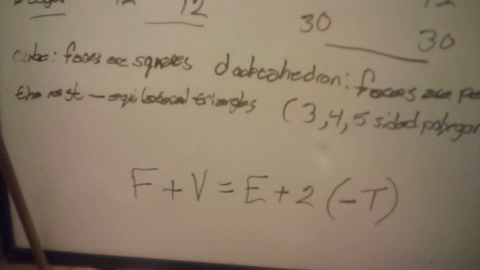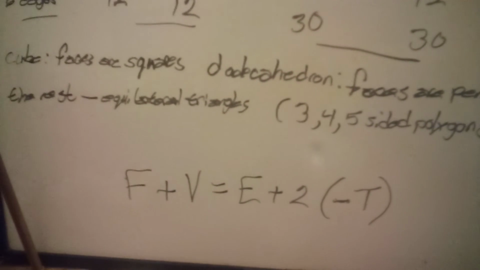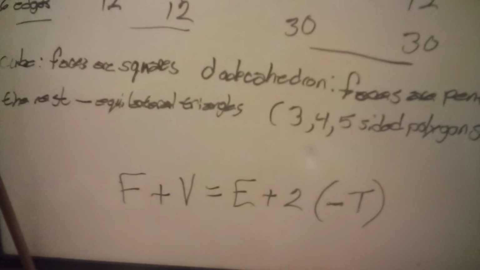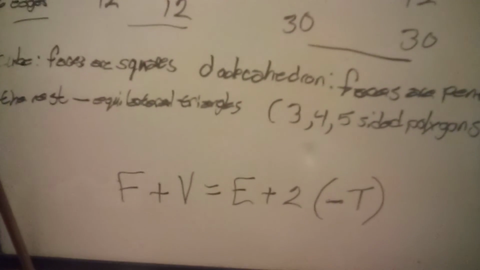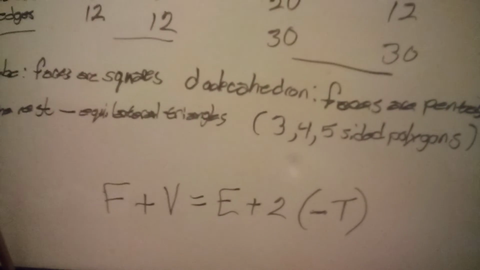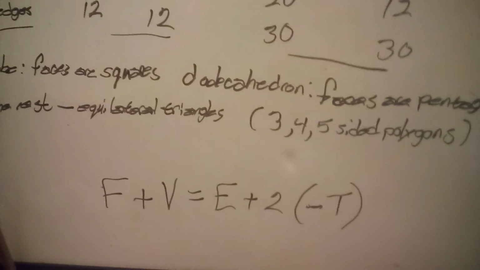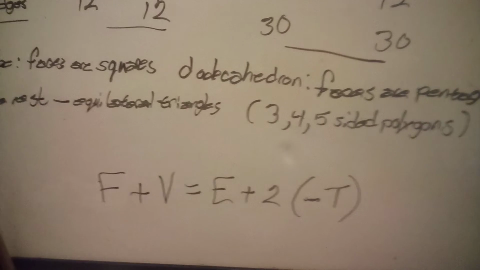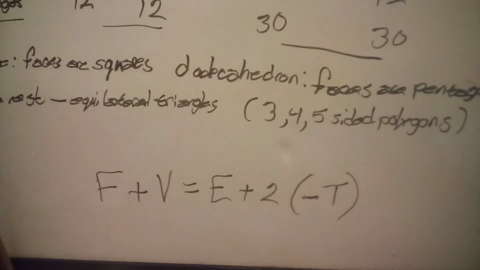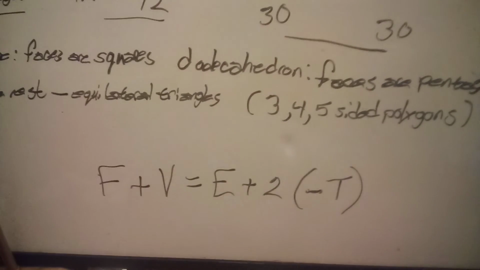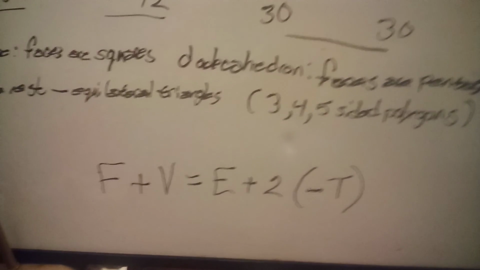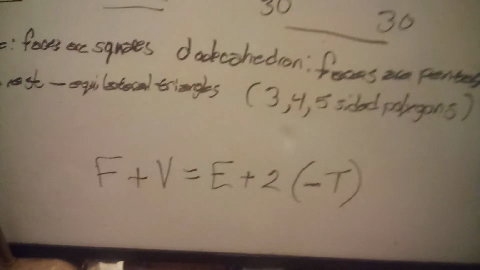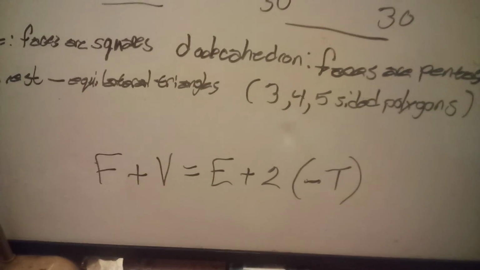And the rest of them, the tetrahedron, the octahedron, and the icosahedron, their faces are all equilateral triangles. So notice, there are only 3 types of regular polygons that form the faces of these polyhedra. There are 3, 4, and 5-sided polygons: the triangle, the square, and the pentagon.